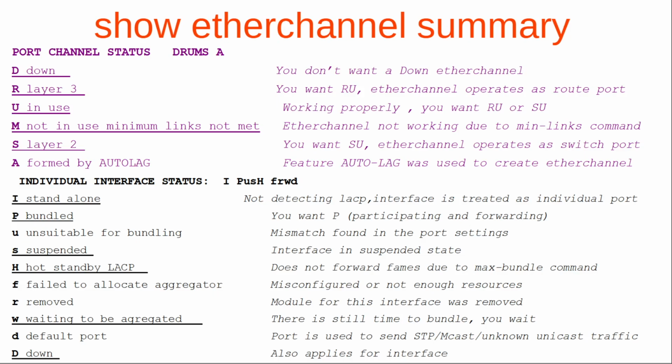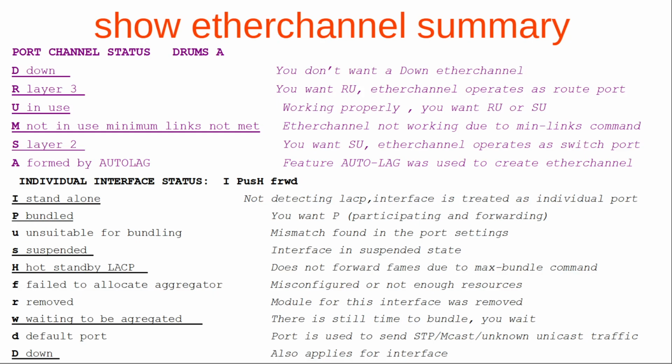For instance, for the EtherChannel as a whole, if you see capital D, that means that your EtherChannel is not coming up, probably because all your member interfaces are shut down, or maybe because the dynamic protocol is not even able to negotiate an EtherChannel with the other side.